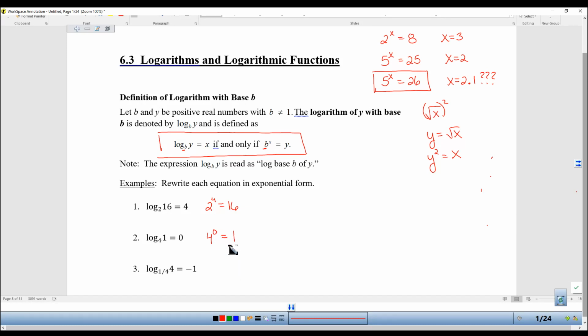And sure enough, 4 to the 0 power is 1. 1/4 is my base to the -1. That becomes the exponent is equal to 4. So these expressions are equivalent. This is logarithmic notation, and this is exponential notation. And they have different uses.